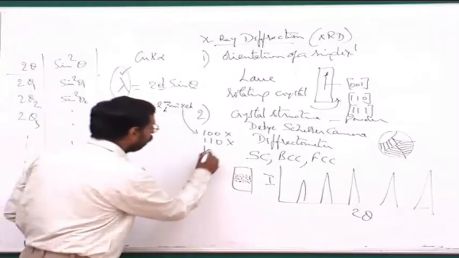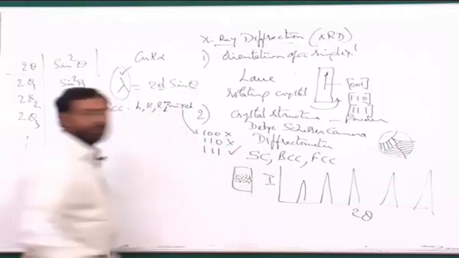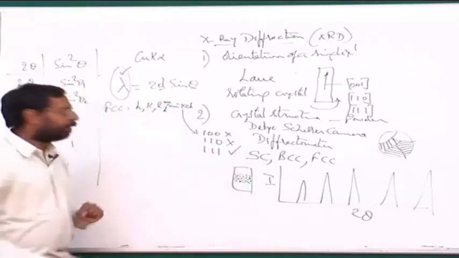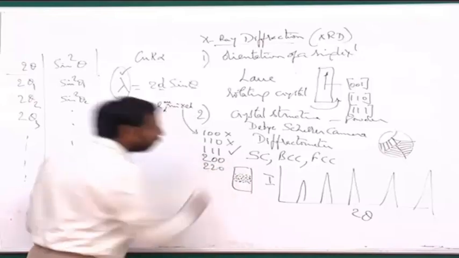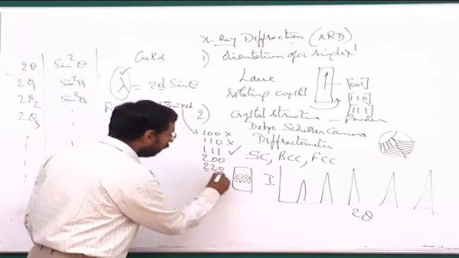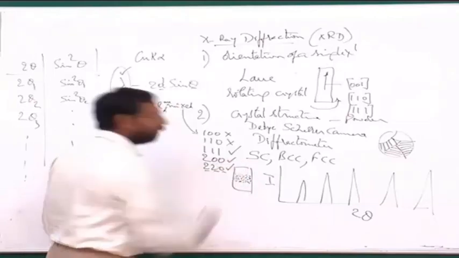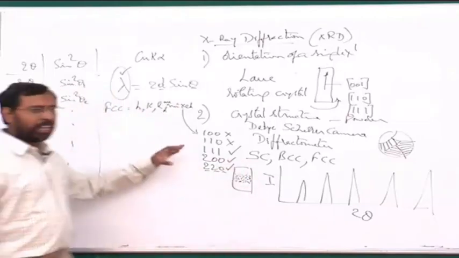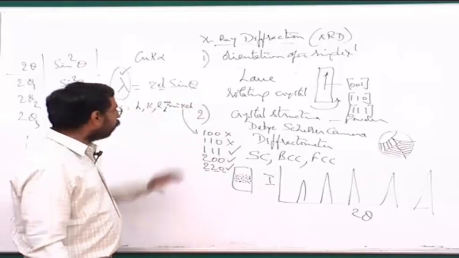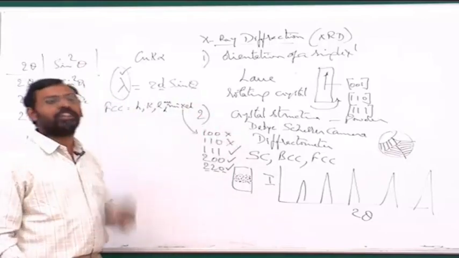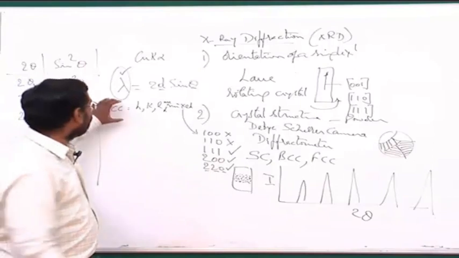For example, 111, you will see this because all of them are odd. Similarly, 200 or 220, because they are all even. So you will see these peaks. By looking at the HKL planes, we know which kind of planes do exist and which kind of planes do not exist in an FCC.